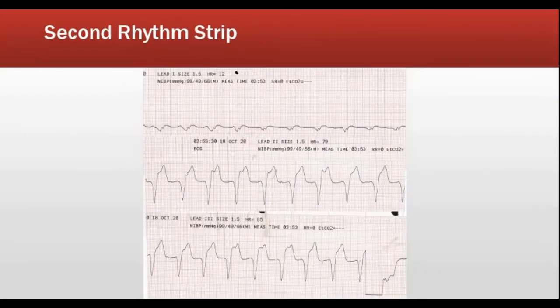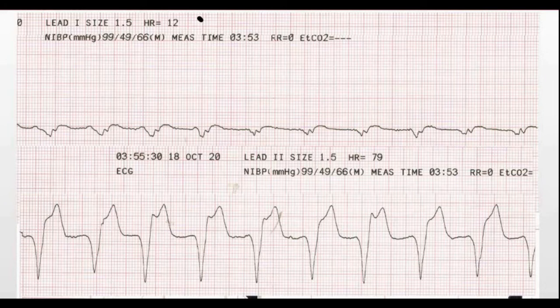Later on in the transport, we have a second set of rhythm strips in 3 different leads to look at. I'm going to zoom in here. Here we have lead 1, and the monitor for some reason is thinking that the heart rate is 12. That can't possibly be right, but you remember the trick we just learned. We find a QRS complex that more or less lines up with one of the large grid lines. I would say this qualifies right here.